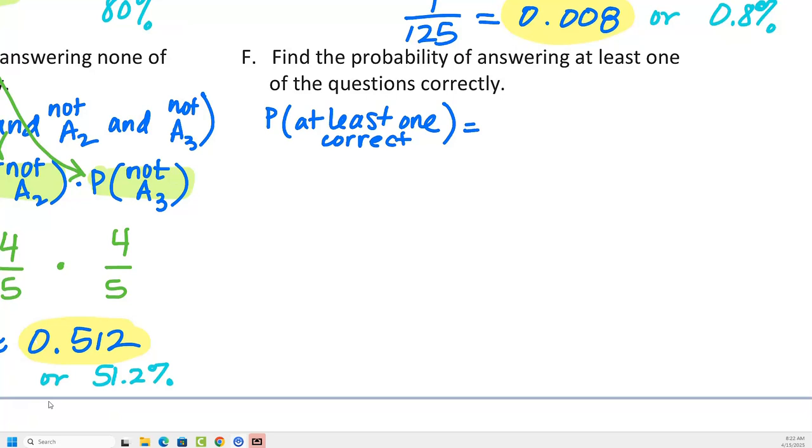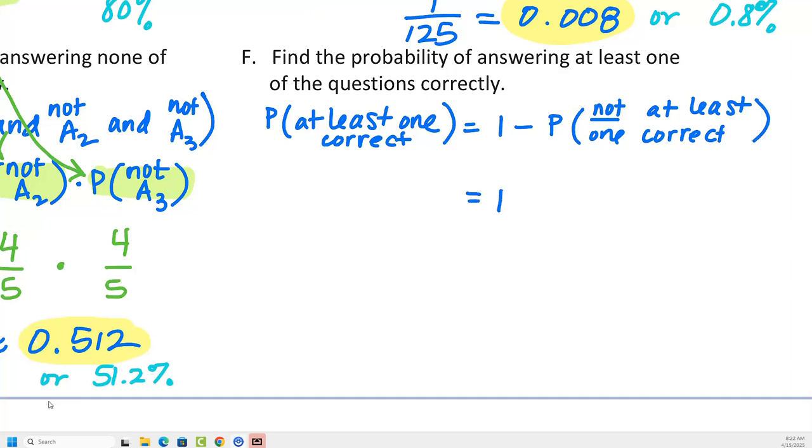You see that? So finding at least 1 correct is the same as finding 1 minus the probability of not at least 1, but here's the thing: it's the probability that none are correct.